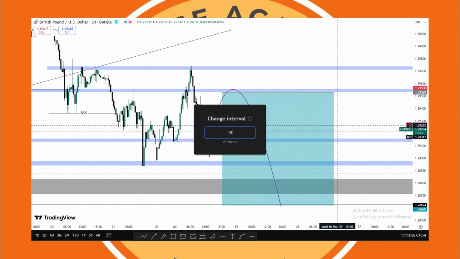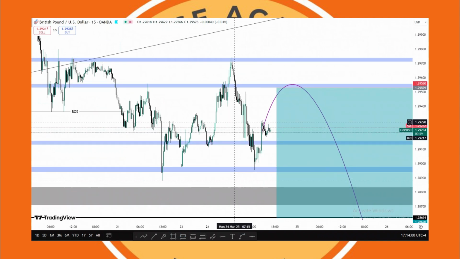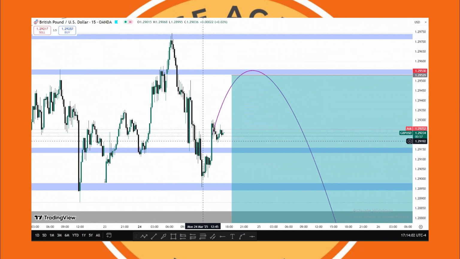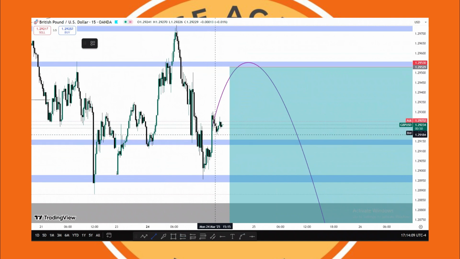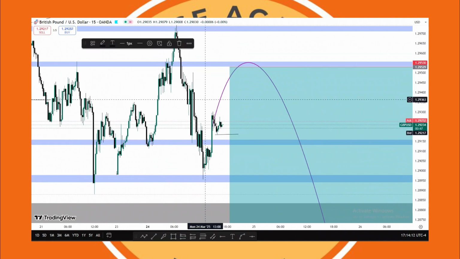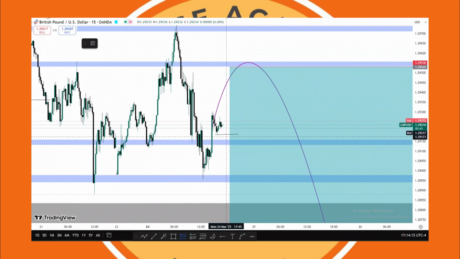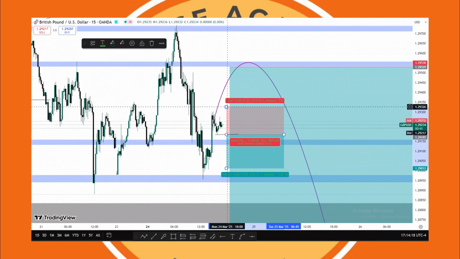So wait, let me see something. If it breaks, okay, now this is how I'm going to trade this. This is how I usually trade markets like this. If it breaks this, I immediately take the sell, right?